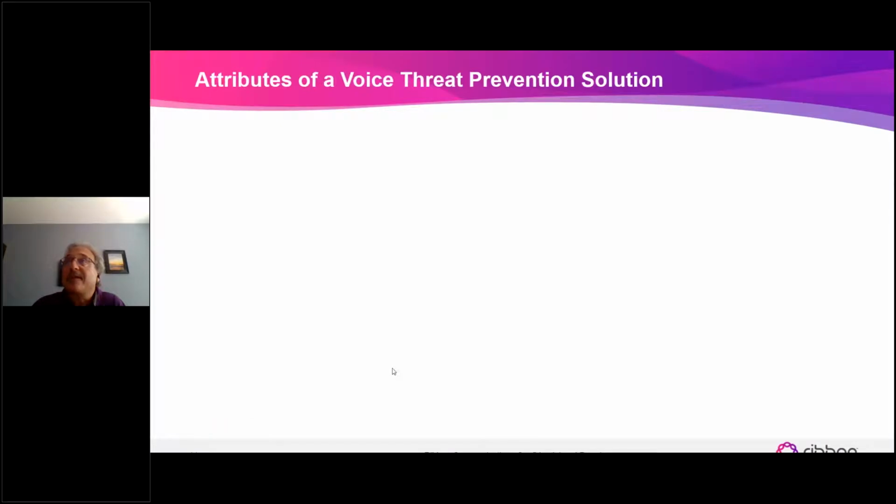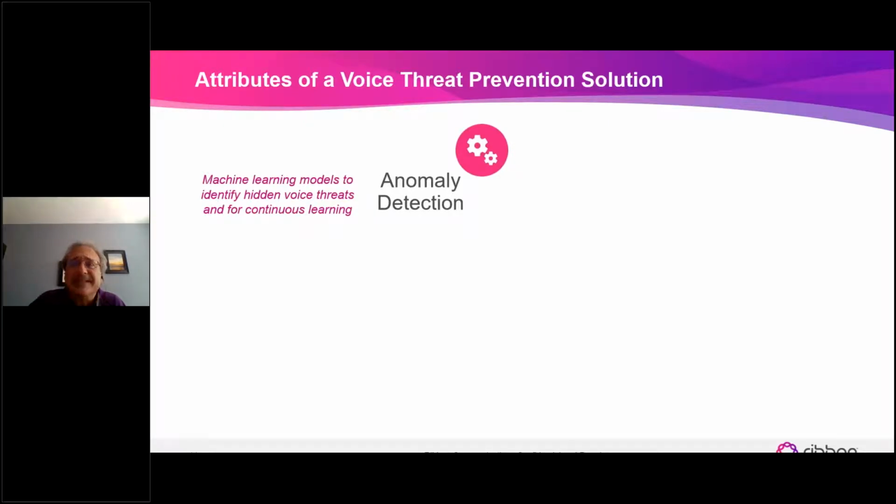So with that, I'm going to walk through the key attributes of a voice threat prevention solution and give you guys an idea of what you should be looking for. First, anomaly detection. Nothing happens if you can't detect the anomalies that indicate that you've got bad traffic.